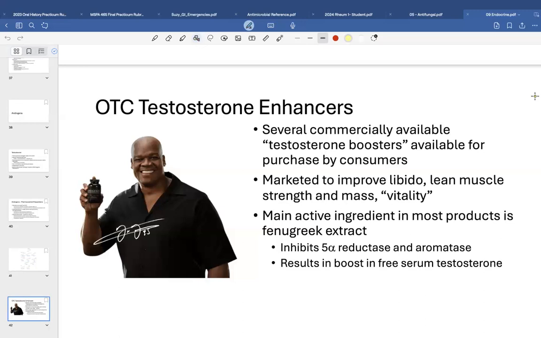One is to inhibit 5-alpha reductase. 5-alpha reductase, again, prevents the conversion of testosterone to dihydrotestosterone. So it keeps that parent molecule in the system longer, but then also inhibits aromatase. And we said that aromatase converts testosterone to estrogen. So by blocking both of those pathways, we actually end up with an increase in testosterone.